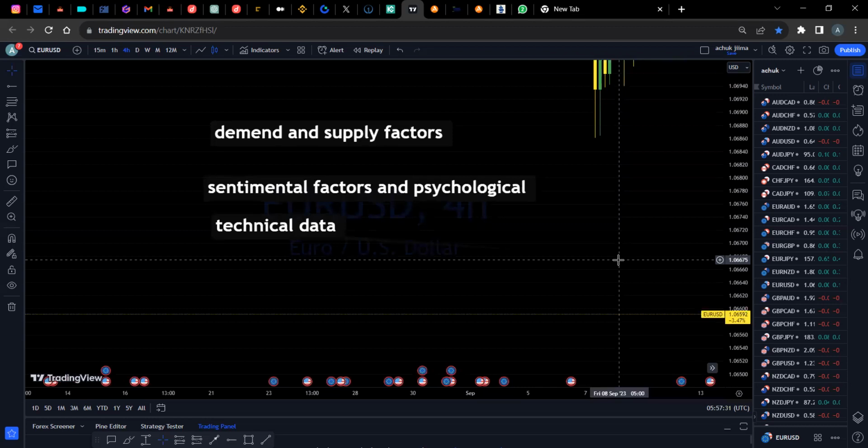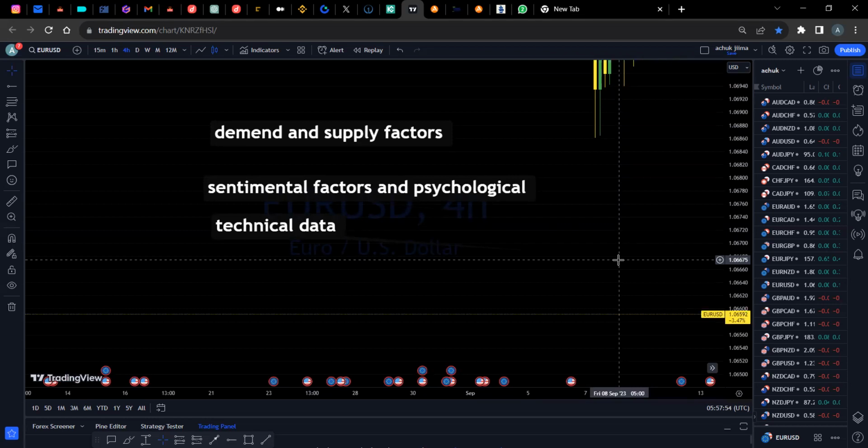These data are, for example, CPI, the Consumer Price Index, the unemployment rate, and housing policies. So this technical data has a big influence on how strong or weak the currency is, in regard to how it plays out throughout the month.